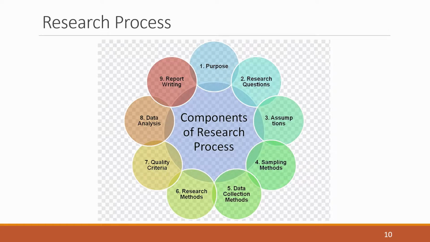For example, we have to do this research because we want to find out the relationship between object A and object B. That is the purpose, and at the end of your research, you have to achieve that purpose. Otherwise, it's not successful.